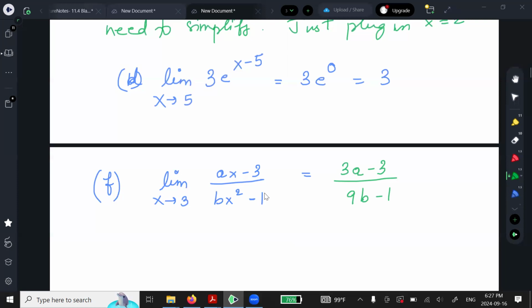Yes. For B, do we have to say what numbers would make it 0 on the bottom? So for part B, this 2 would make it a 0 on the bottom. So we have to specify. Wait, which part are you?